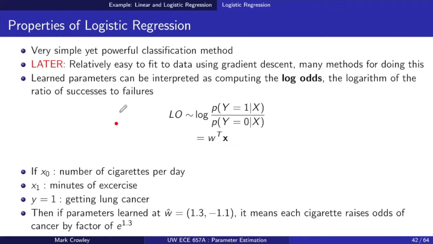It's a very simple method, and it's easy to fit, but they don't fit it analytically the way we do with linear regression. They fit it using gradient descent. They choose the values of the weights and adjust them to improve the value.